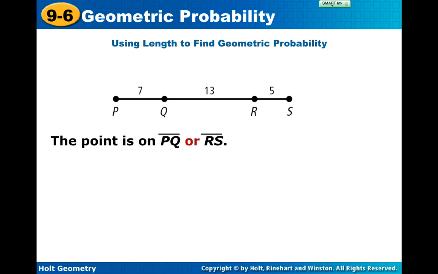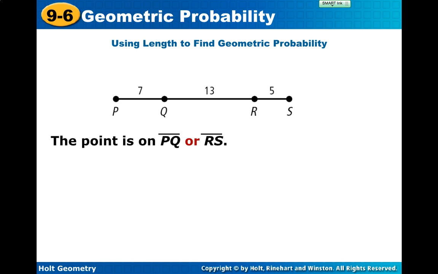So do the length of PQ plus the length of RS for your numerator. PQ is 7, RS is 5.